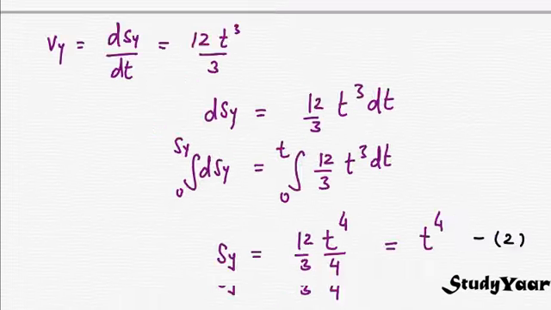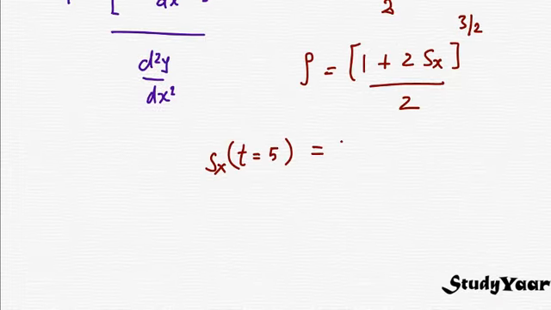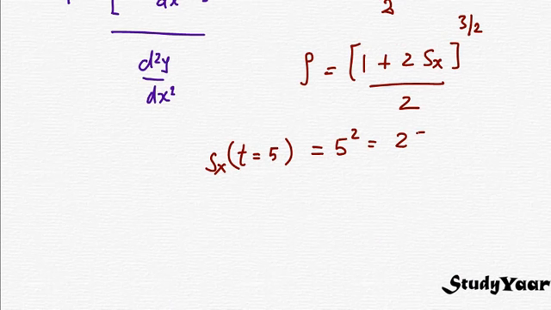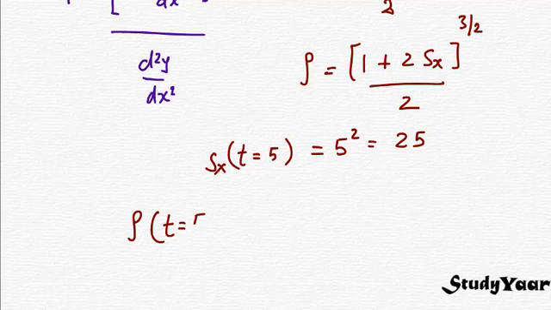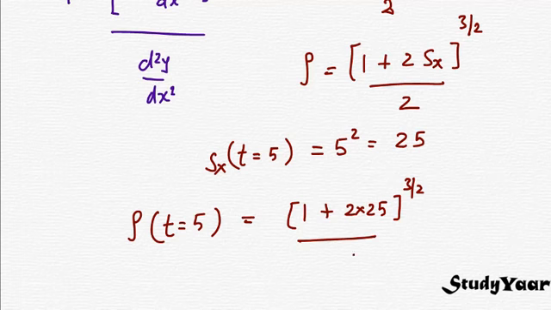So at t is equal to 5, my Sx is 5 square, which is equal to 25. Therefore, my rho at t is equal to 5 is equal to 1 plus 2 into 25 raised to power 3 by 2 upon 2. So this is your radius of curvature of the path followed by your projectile at time t is equal to 5.